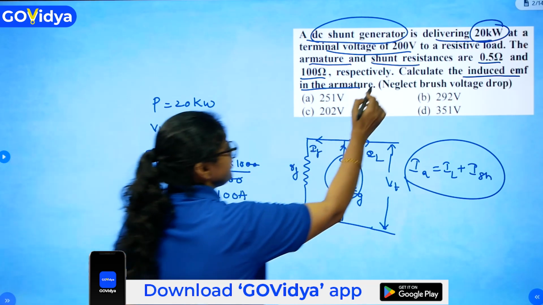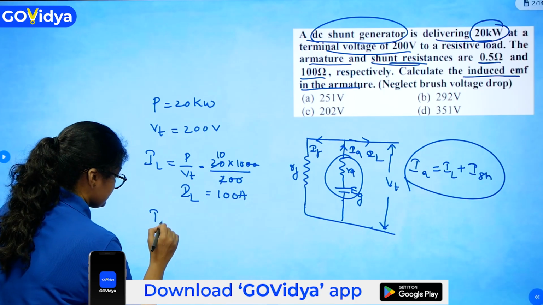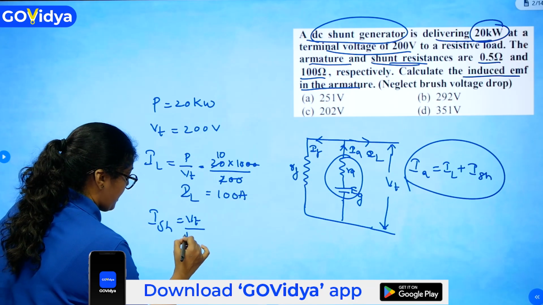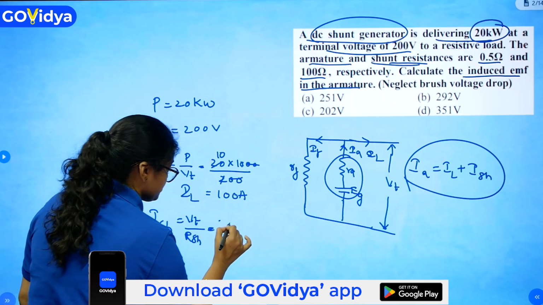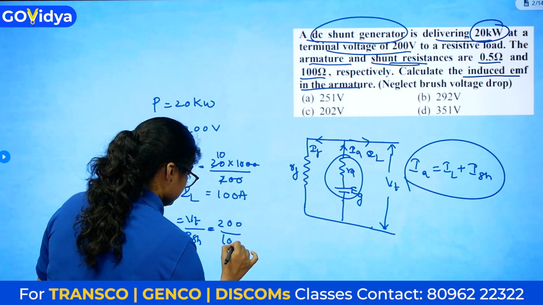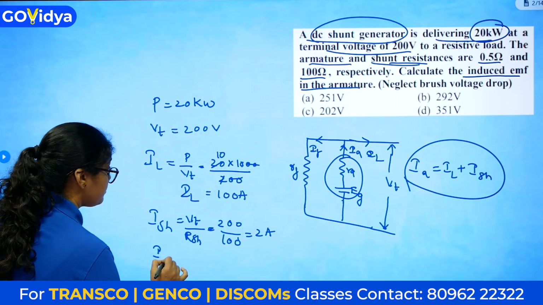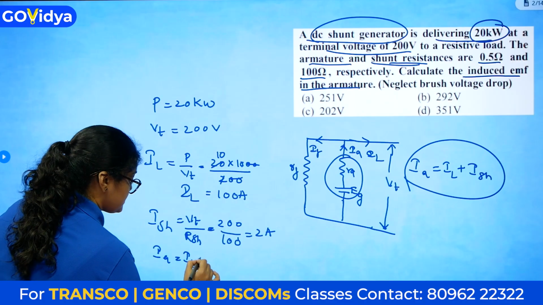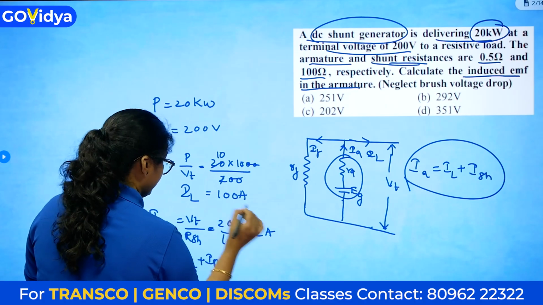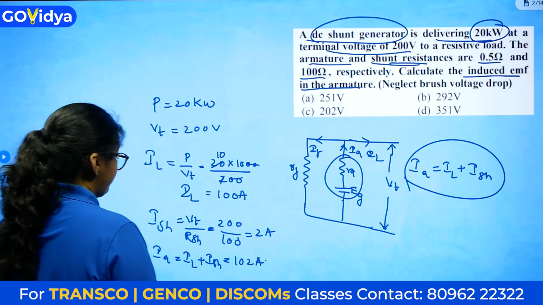They have also given RSH, so I can find ISH, which is equal to VT by RSH, 200 by 100, so we will get 2 amperes. From this we can calculate IA is equal to IL plus ISH, which is 100 plus 2, 102 amperes. So we have found the current.